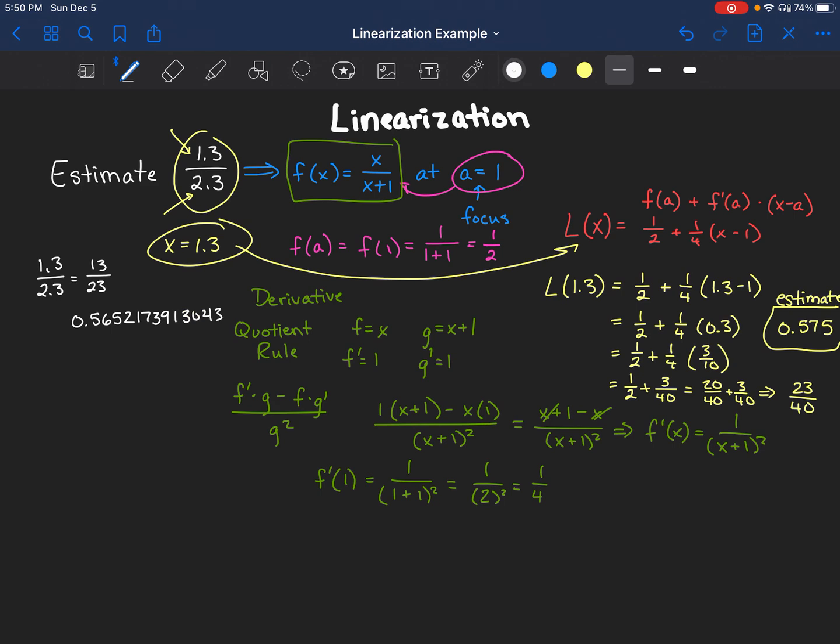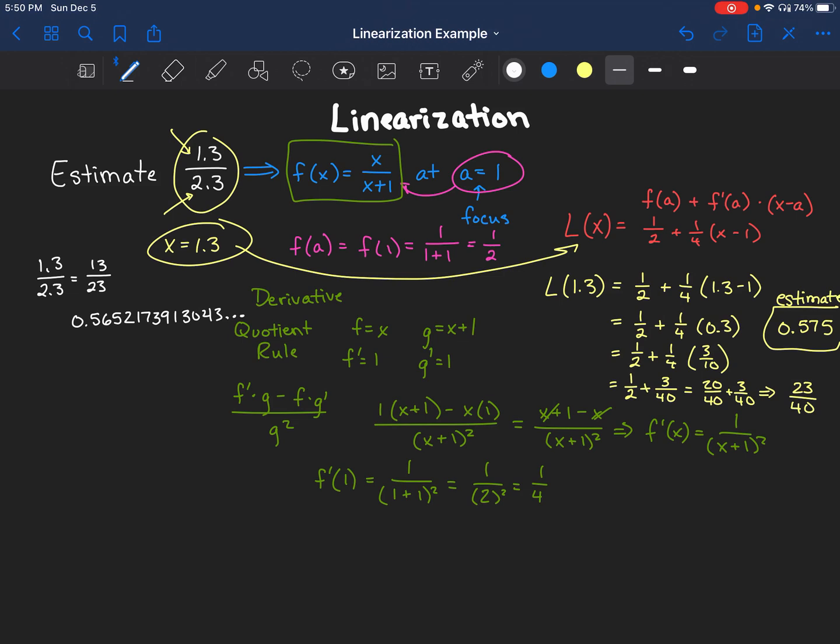Now, this thing does repeat. It is a rational number, but that's not pretty. I don't want to keep writing that down, and it just keeps going. Like I said, it repeats. It's a long decimal. So 0.575 is a much nicer answer than the actual answer.